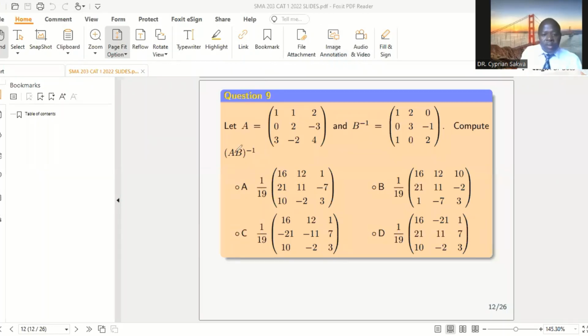Now this question, you're given A and you're given the inverse of B, and you're asked to compute the inverse of A, B. I have seen in some books a theorem that says that this will be the same as A inverse multiplied by B inverse. Maybe you try and see whether that will give you the same answer as the one I get.